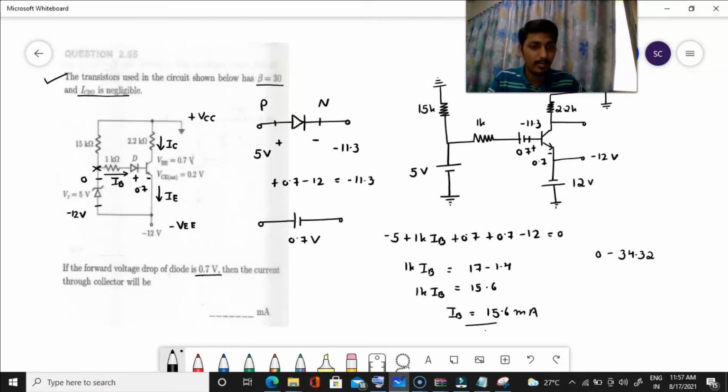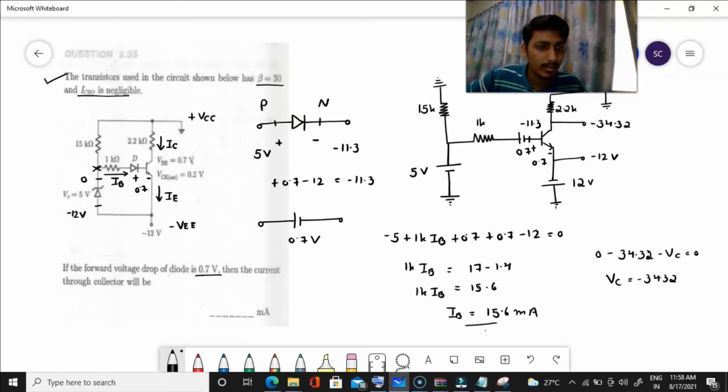So VC will be minus 34.32. If we see both the collector and emitter, the collector junction is in reverse bias and the base junction is in forward bias, so it will be in the saturation region, not the active region.